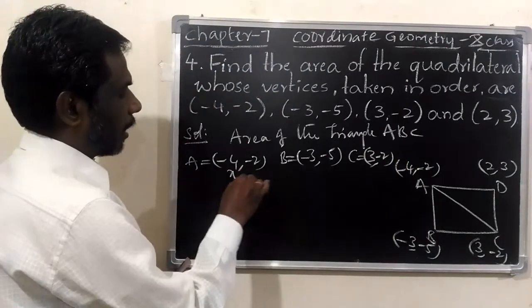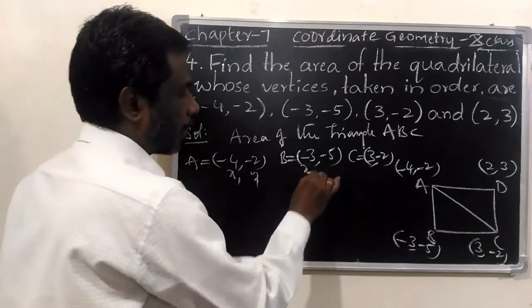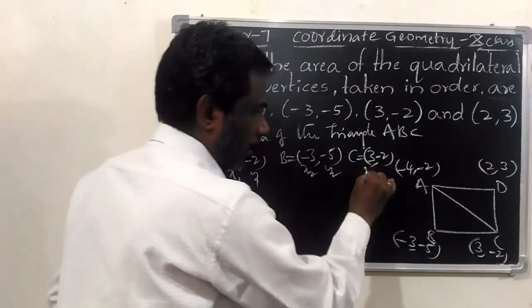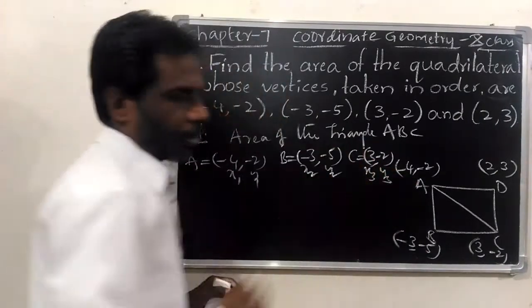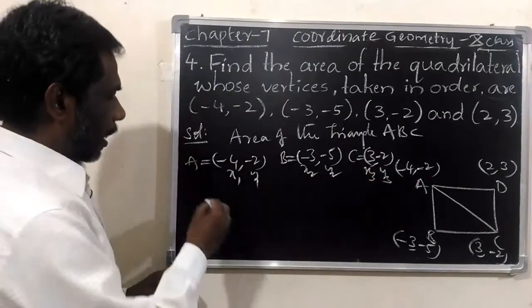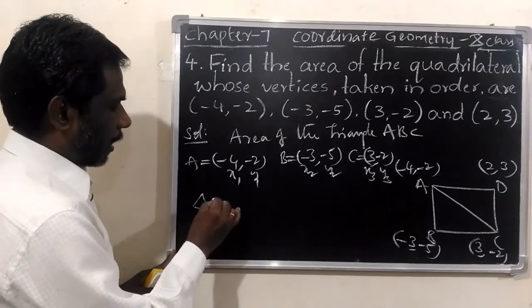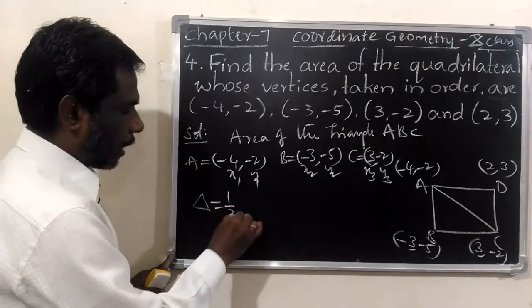Let the first point be x1, y1 and the second point x2, y2 and the third point x3, y3. Now write the area of the triangle formula.